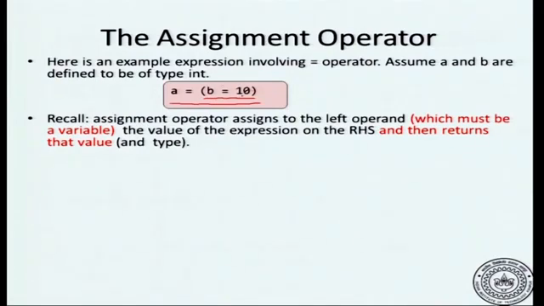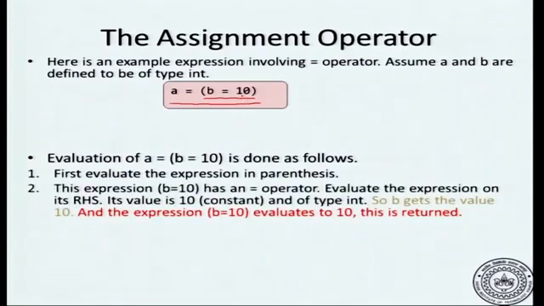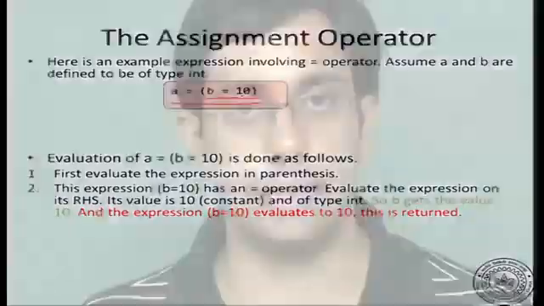So we can now analyze a equal to b equal to 10 as follows. First, evaluate the expression in parentheses. The expression b equal to 10 has an assignment operator. So evaluate the expression on the right hand side and then assign it to B. Now that expression returns a particular value which is 10.